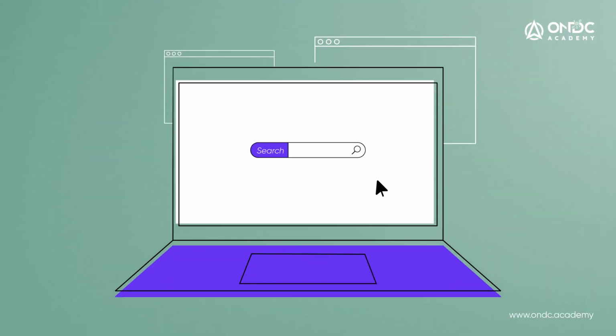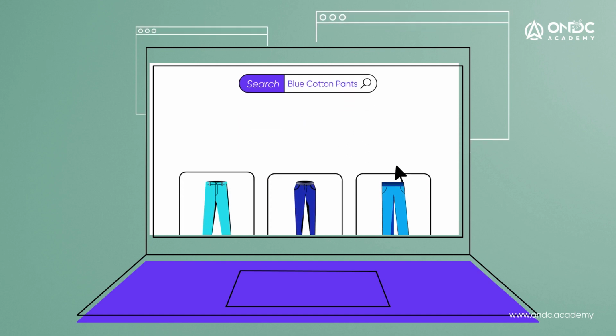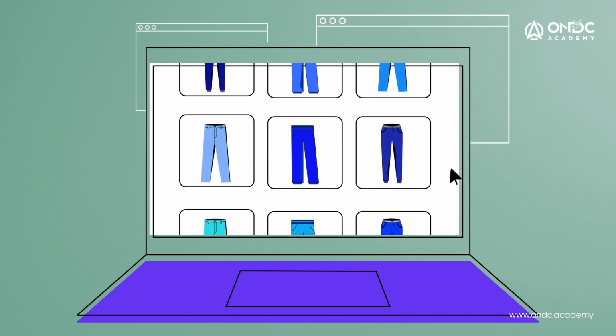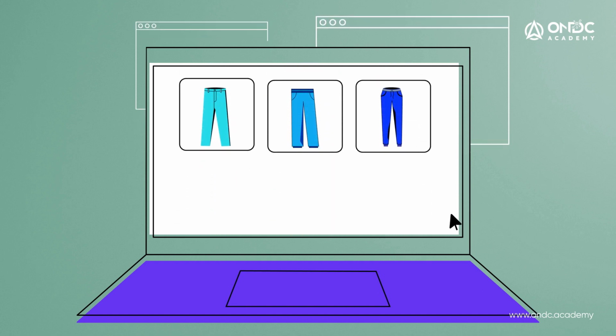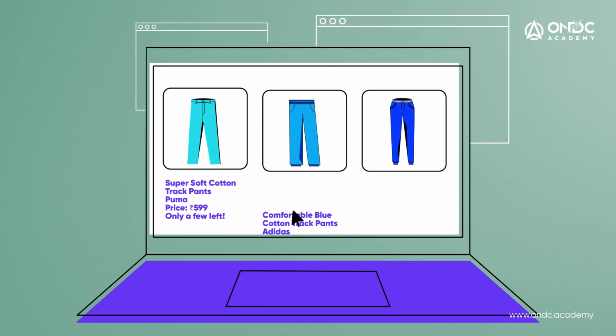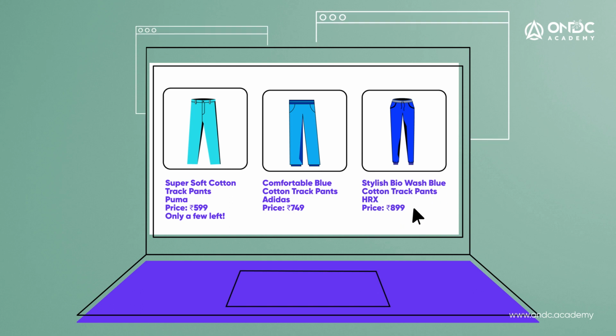It starts with a buyer searching for a product in a buyer application. The buyer then browses through tons of search results. A prominent element in each search result is the product title. A good product title will grab the attention of a buyer and determine if a buyer clicks on a seller's store or product to complete the purchase.